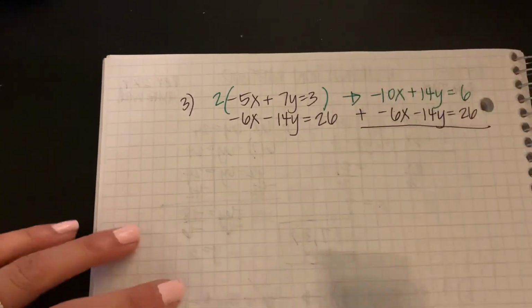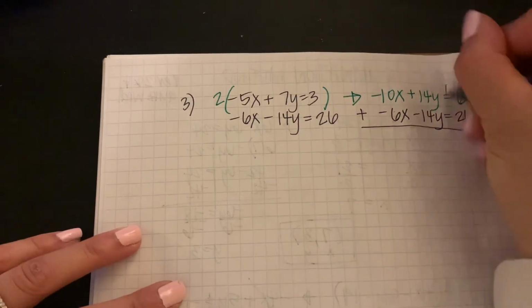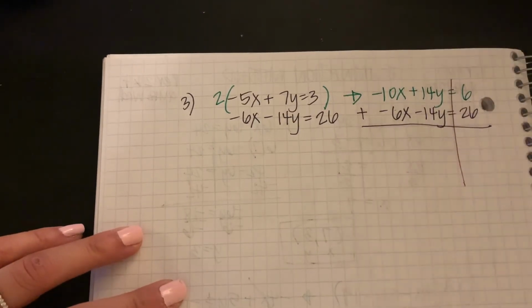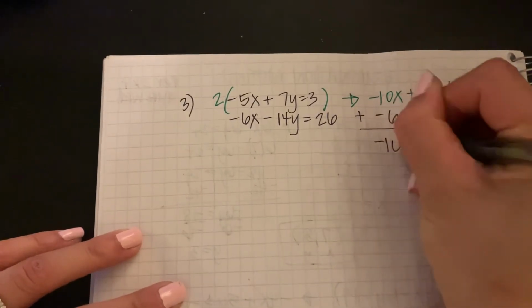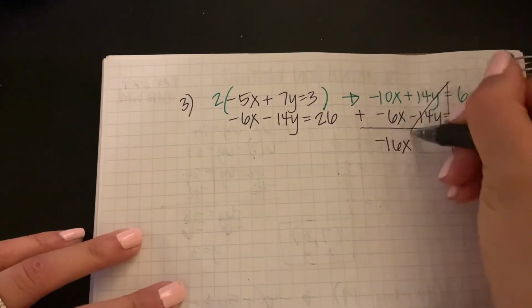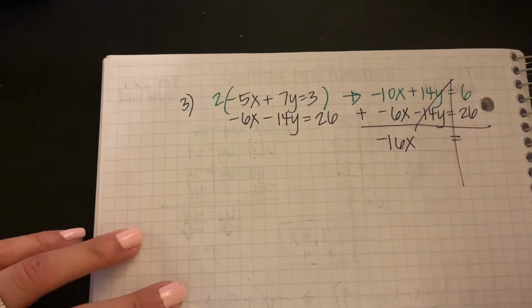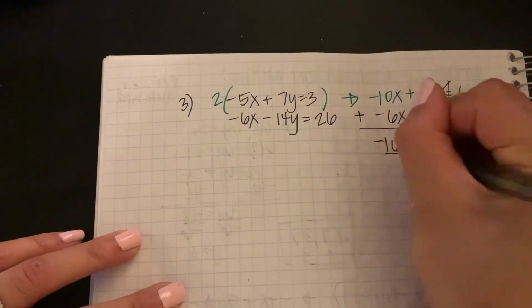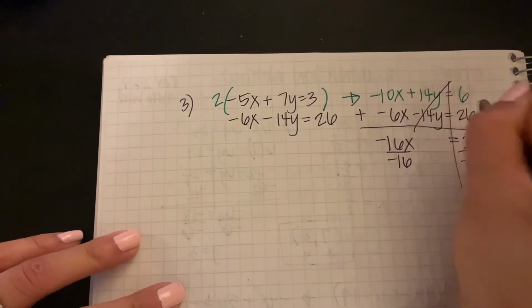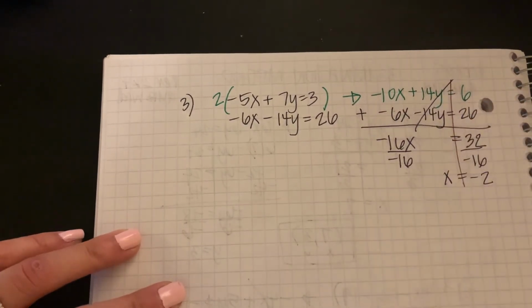I'm going to add these equations together. Negative 10x minus 6x is a negative 16x. These 14y's cancel out. 6 plus 26 is 32. Divide by negative 16. X equals negative 2.